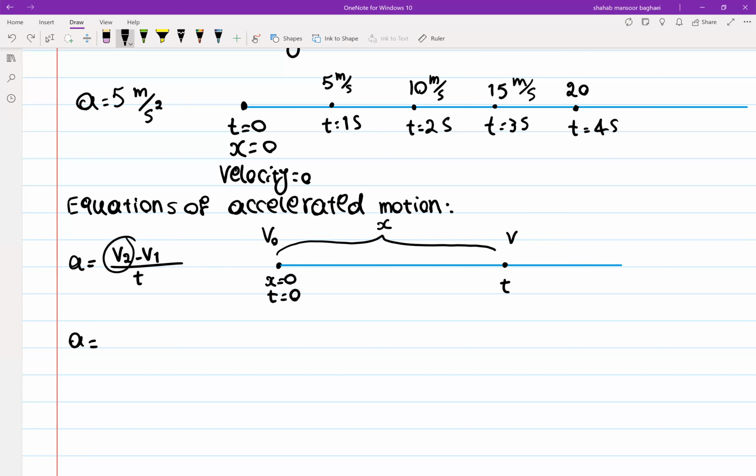Minus, instead of V1, you have this velocity, that's V0. Therefore, first velocity, according to this condition, it is V0.